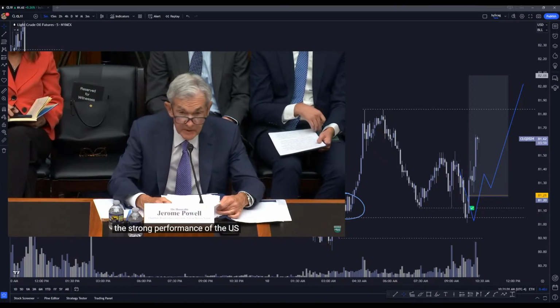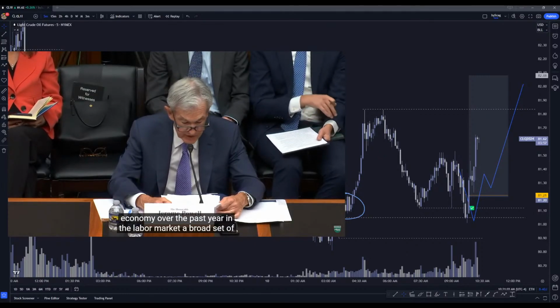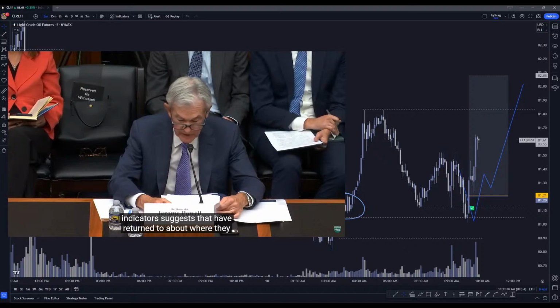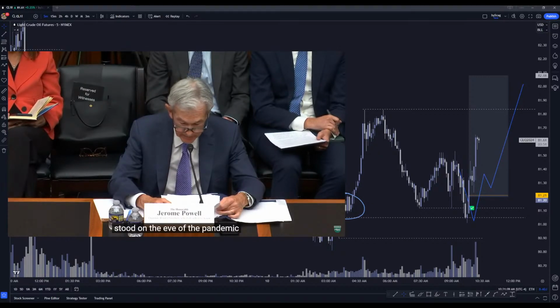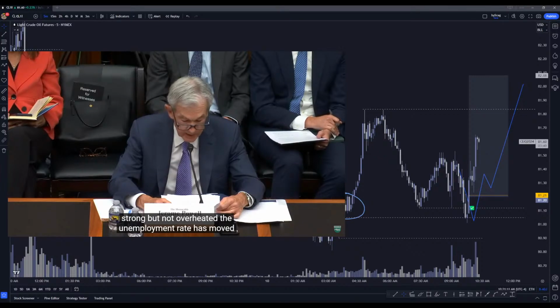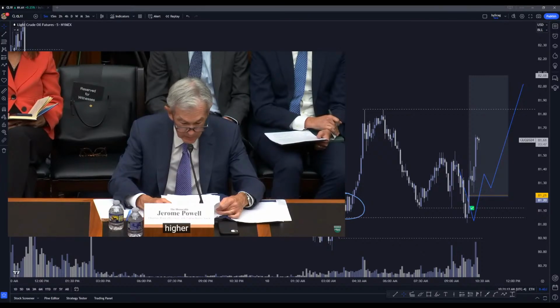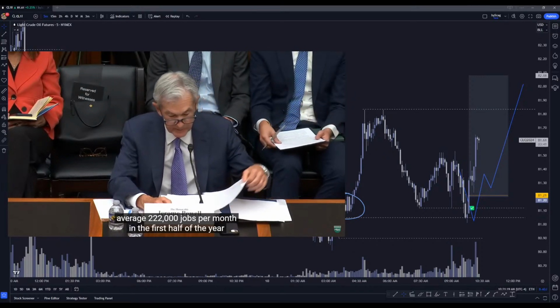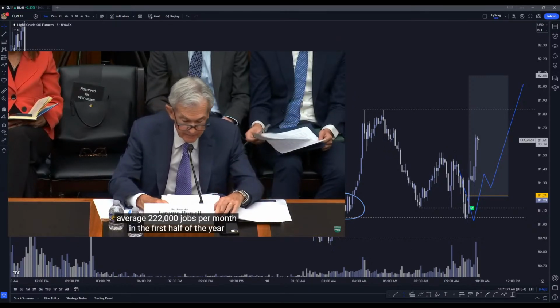In the labor market, a broad set of indicators suggests that conditions have returned to about where they stood on the eve of the pandemic, strong but not overheated. The unemployment rate has moved higher, but was still at a low level of 4.1% in June. Payroll job gains averaged 222,000 jobs per month in the first half of the year.